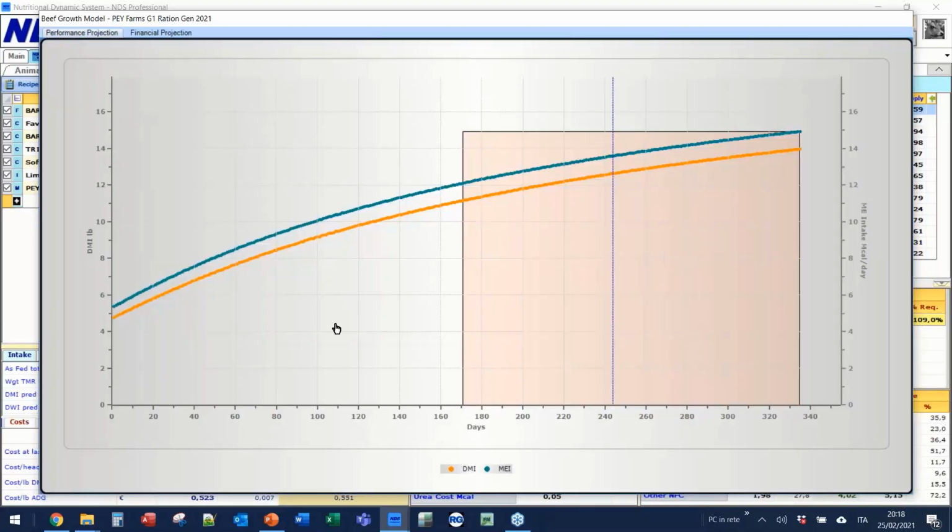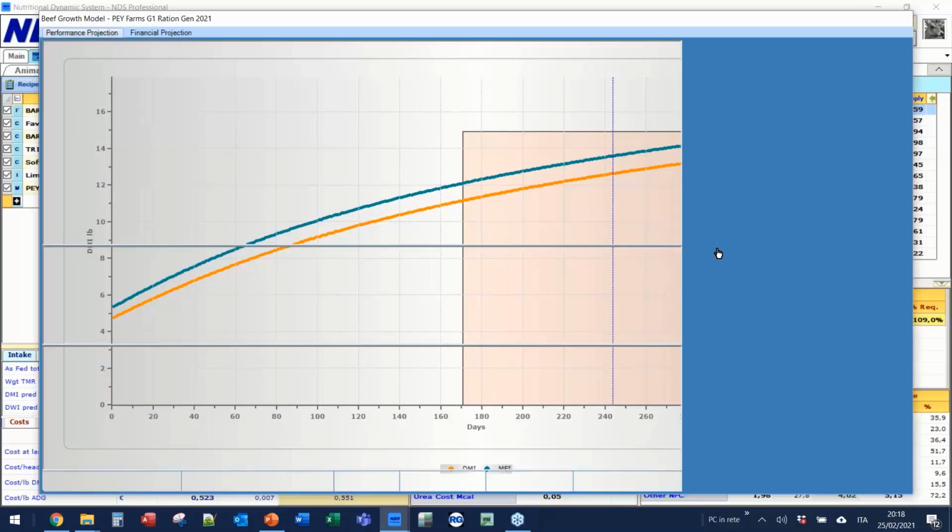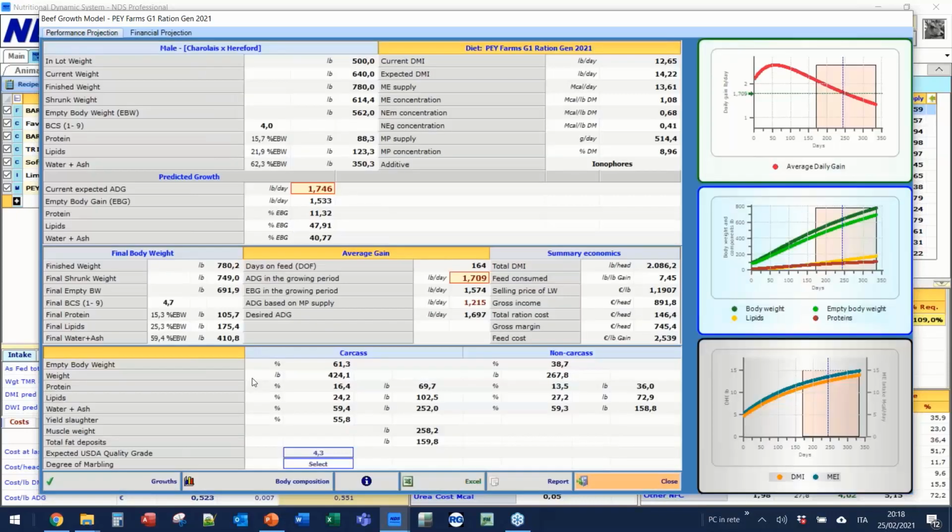And these two curves describe, the blue curve describes the energy intake, energy supply over the period, and this describes the dry matter intake over the period. This is basically the detail of the performance, and we call this tab the performance projection.